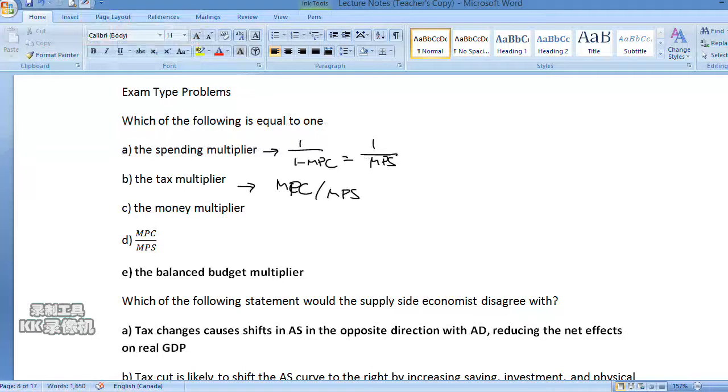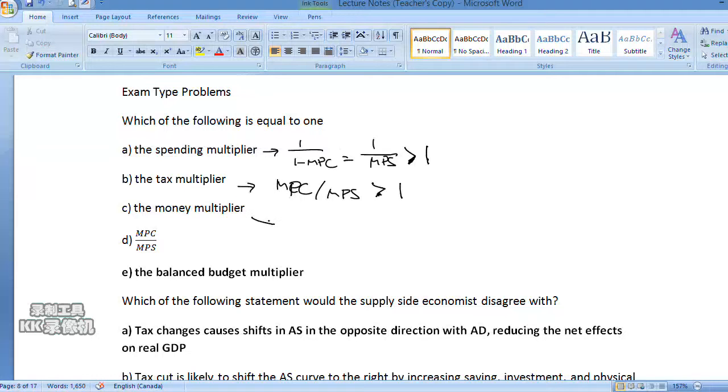So, sorry, the spending multiplier is most of the time greater than 1. Unless MPS is 1, which would be crazy. So you save all your income and you do not consume anything. Tax multiplier is MPC over MPS. So as long as consumption is bigger than savings, this should also be bigger than 1.